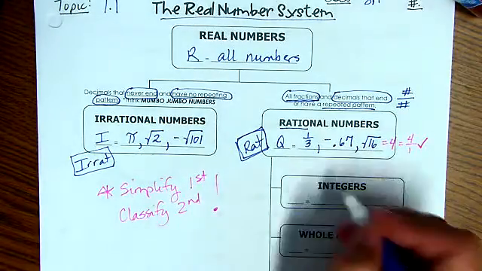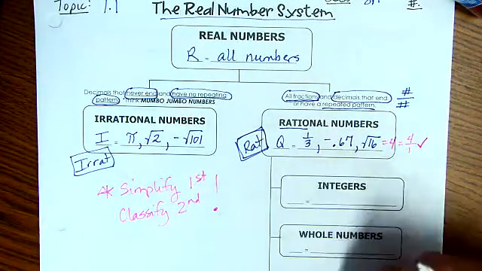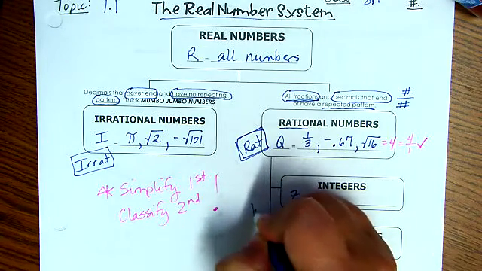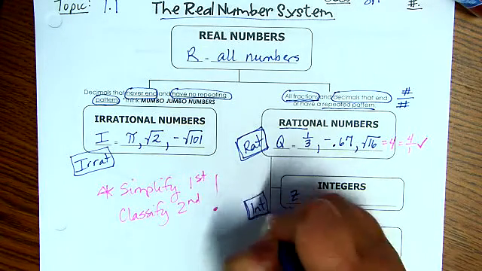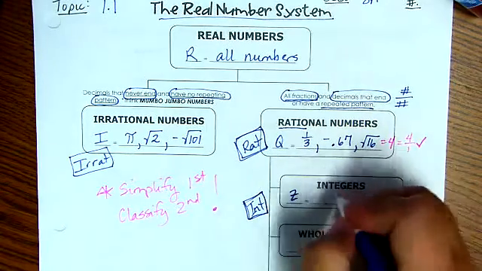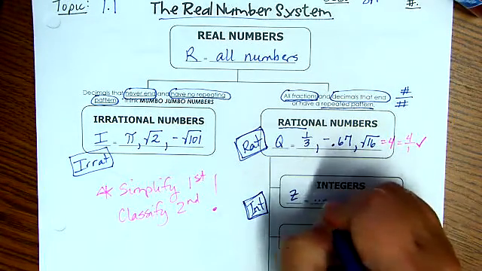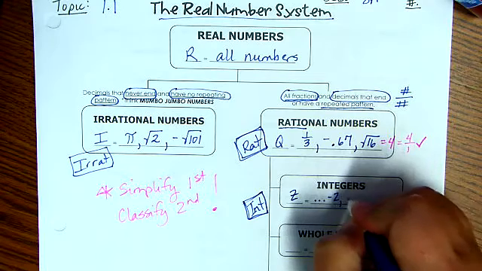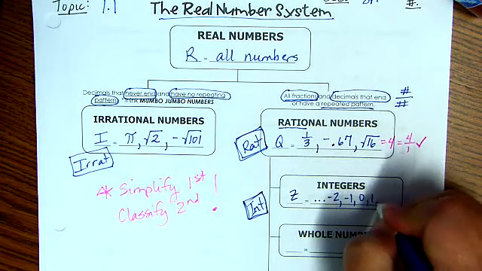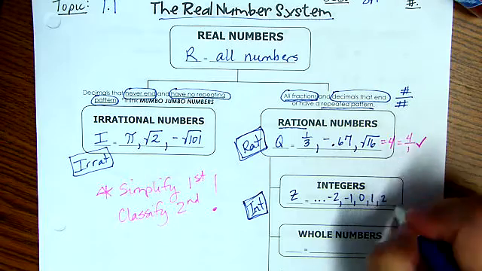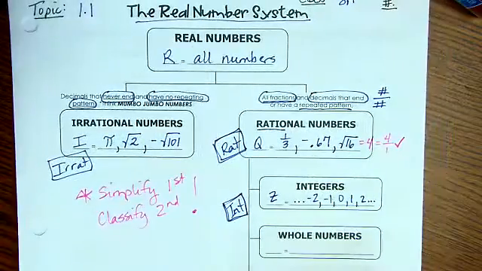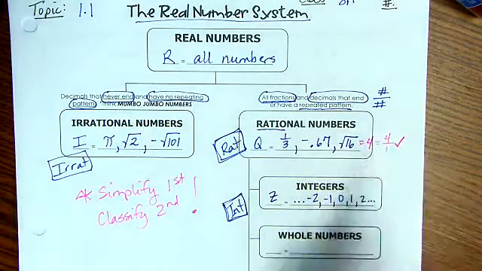Next number type is integer. Now here it gets a little weird again. It's a Z for integer. If you want to write INT for integer, that's fine. Examples of that would be -2, -1, 0, 1, 2. It is only the positive or negative whole values. So we're going to add a little note here.